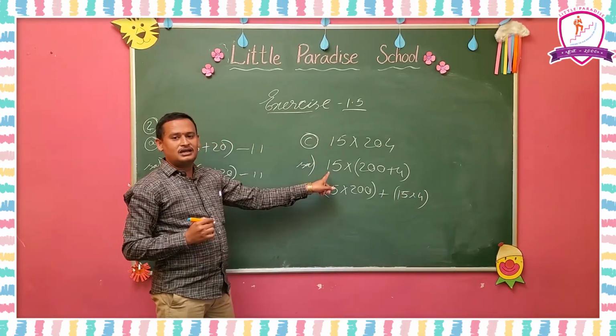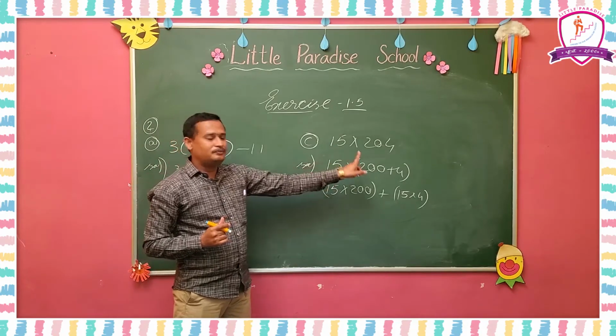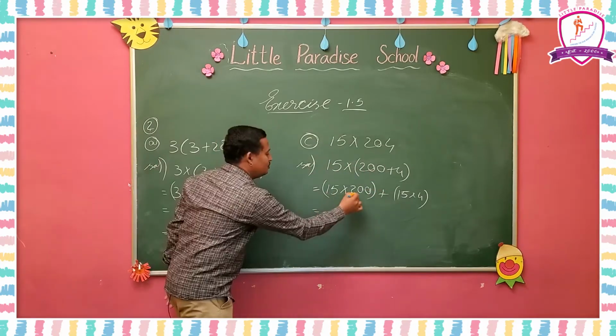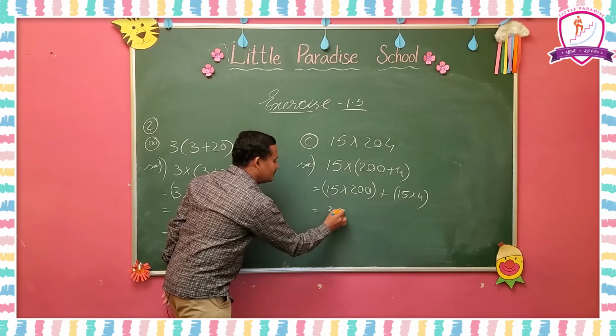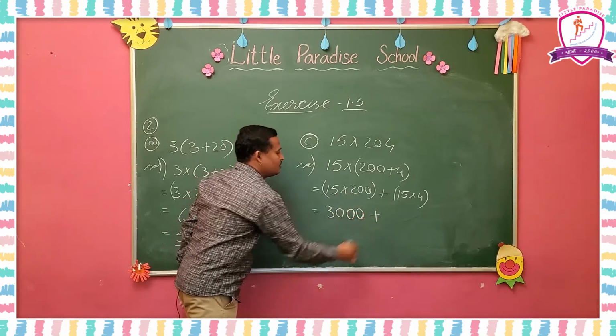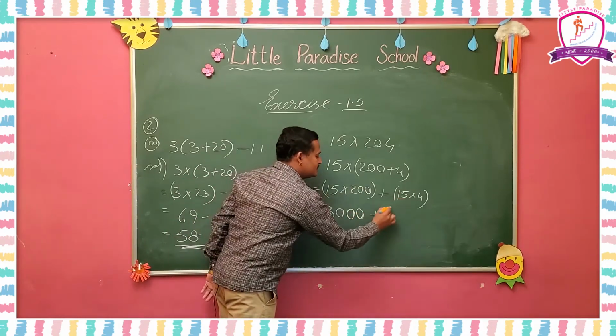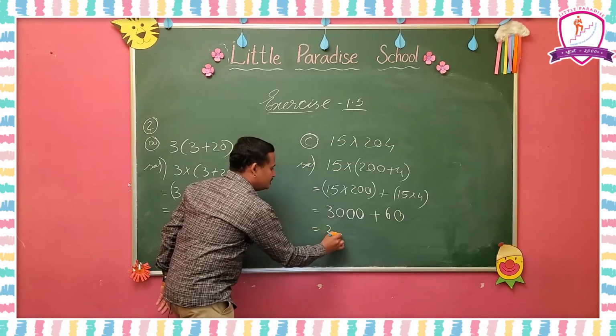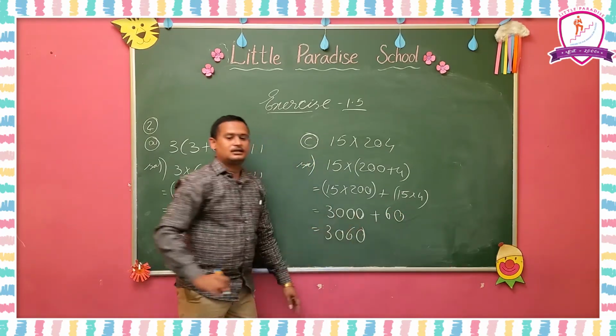The number which is outside of the bracket will be multiplied to both numbers in the bracket. So, 15 into 200, 15 2s are 30, after that you have to put 2 zeros, and 15 4s are 60. It will become 3060.